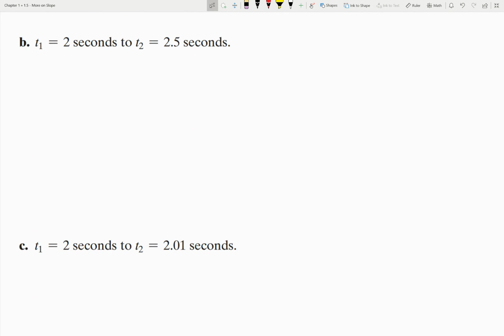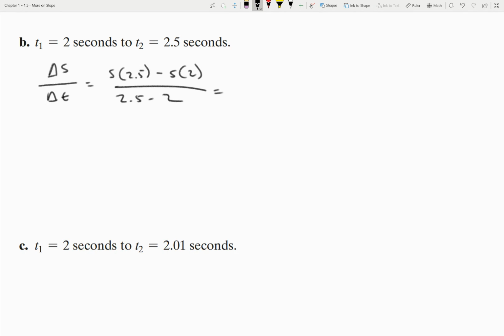Next, we can see that these slopes are going to be slightly different. So, let's go delta s over delta t, same thing. We're going to go s of 2.5 minus s of 2 over 2.5 minus 2. Instead of writing the whole thing out, we'll just do that.